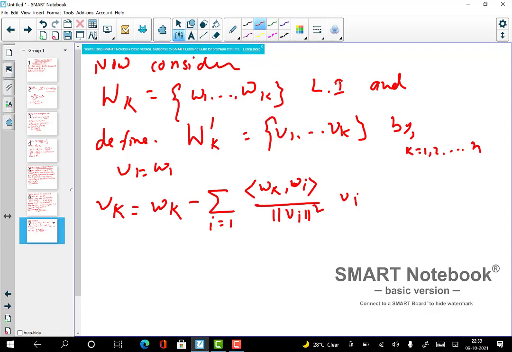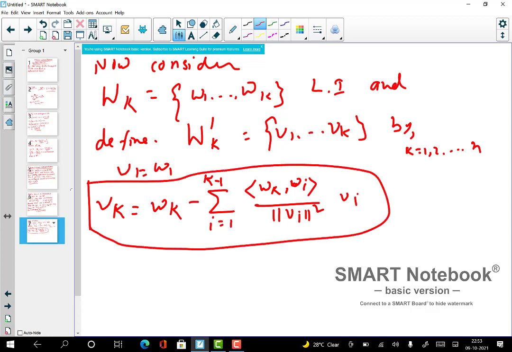So this is the main definition. This is for k equal to 2, 3.